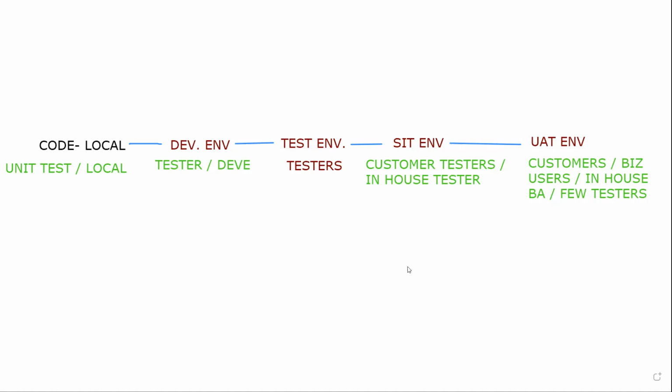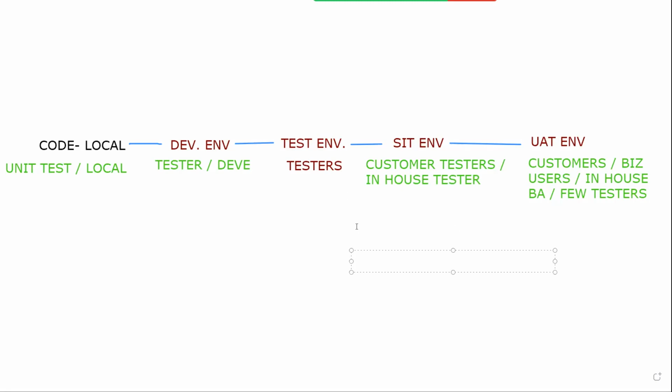All right, so I'll be speaking back. What you have heard so far is all about the UAT environment. So what happens after the UAT environment is done? Any idea?